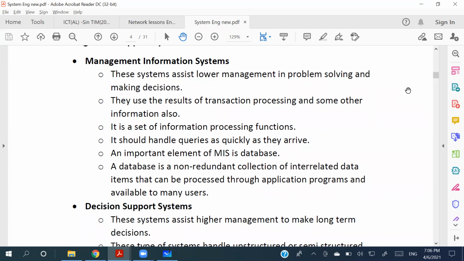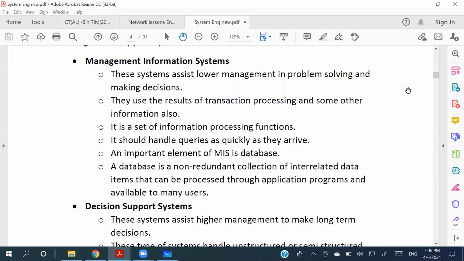And this has the ability to handle queries as quickly as possible. It is not a very complex system. The major part of this MIS is the database. The database will be able to handle the queries given to it. Say we want to look at an employee's performance within a month.